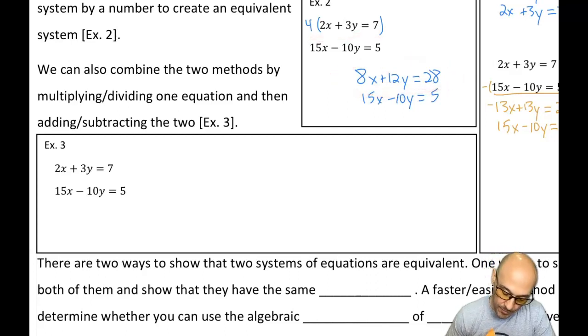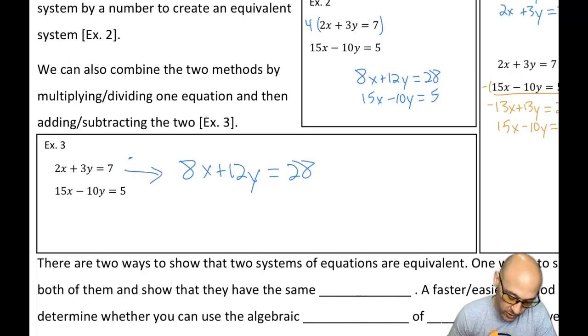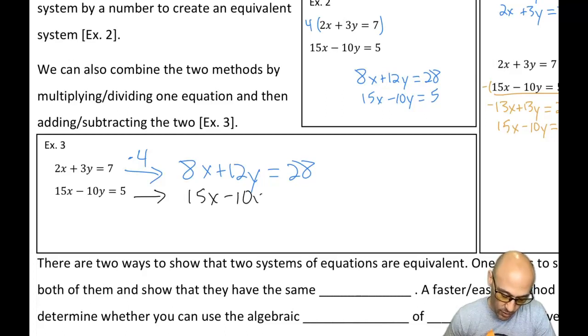I'm going to take that, 8x plus 12y equals 28, which we got by multiplying by 4, and the second equation there, 15x minus 10y equals 5. Now I can add or subtract those two, and I'm just going to add.